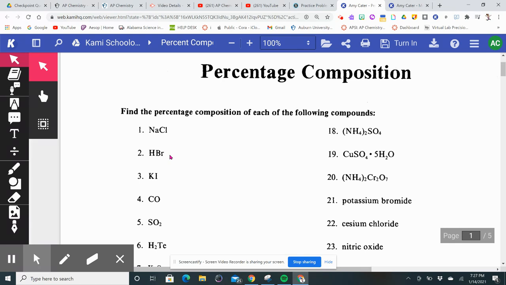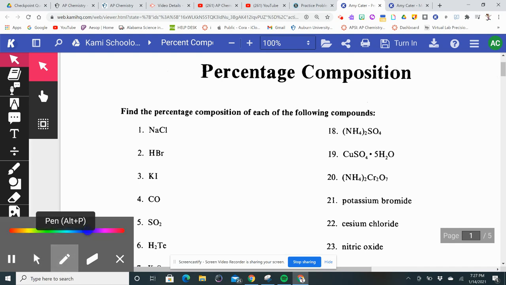For HBr, I'm going to find my molecular mass first. Hydrogen is going to be 1, and the molecular mass of bromine is 70 or 80. So this is 81. So the molecular mass of this molecule is 81 grams.